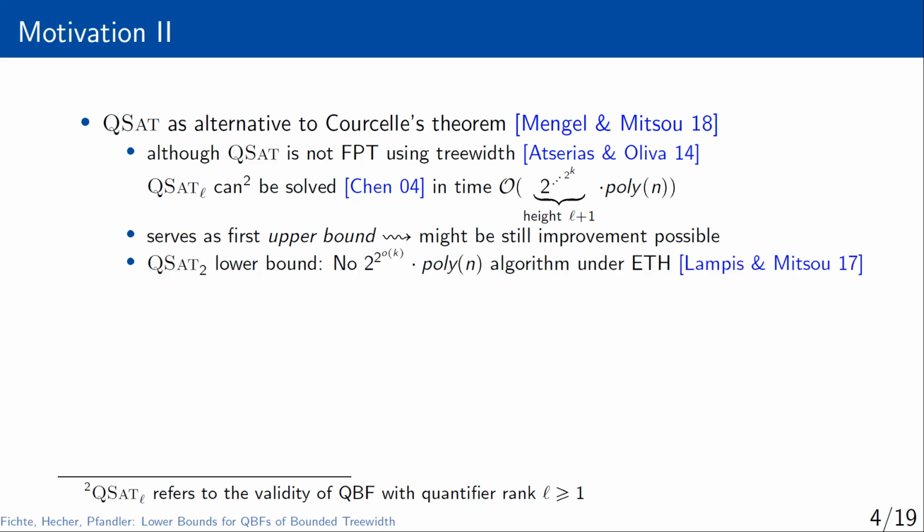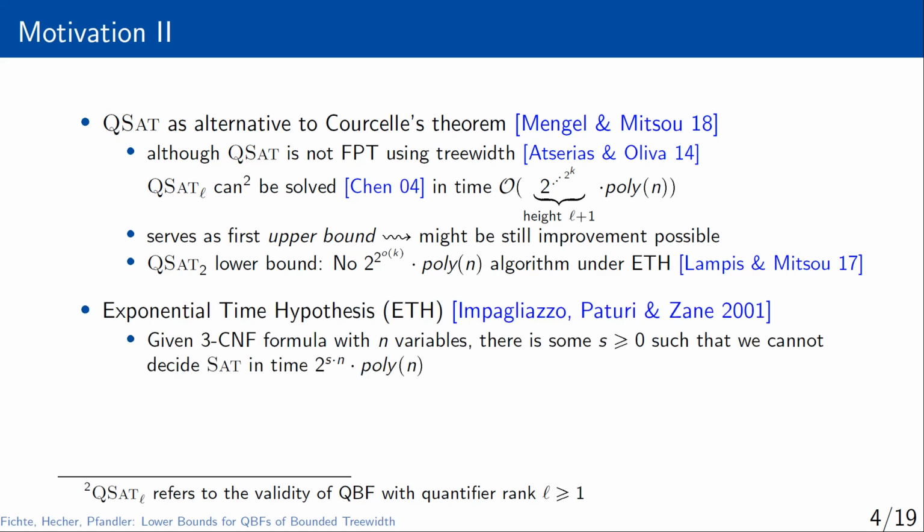At least for quantifier rank 2, this is not possible if we believe in reasonable assumptions like the exponential time hypothesis. Exactly this lower bound result is, by the way, the reason that makes QSAT so attractive as an alternative to Courcelle's theorem, because we get precisely double exponential runtime in the treewidth, which probably under ETH cannot be significantly improved. A similar result was mentioned for odd quantifier ranks by Pan and Vardi in an earlier work.